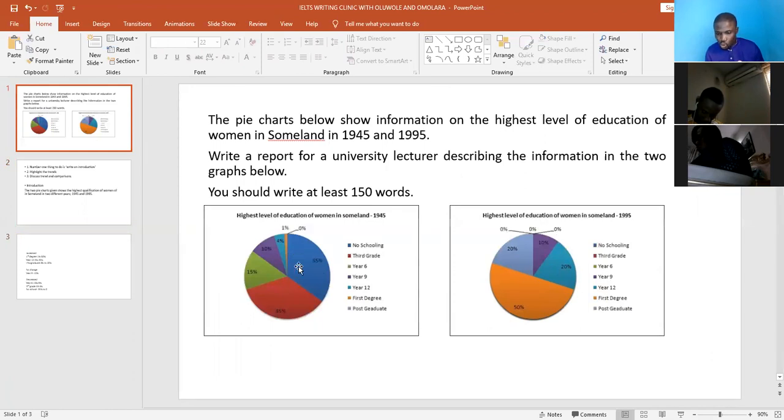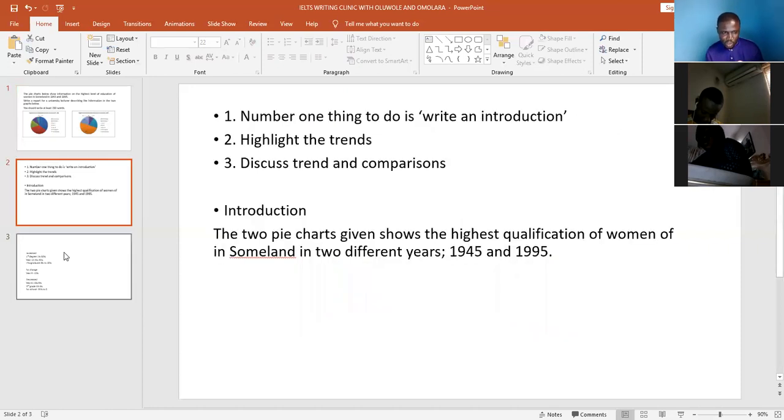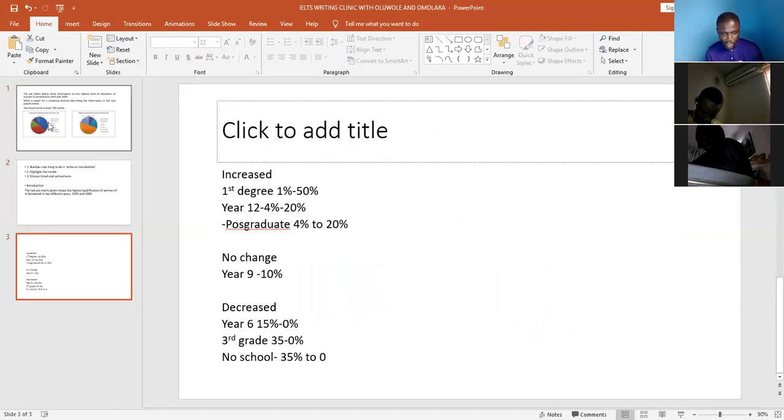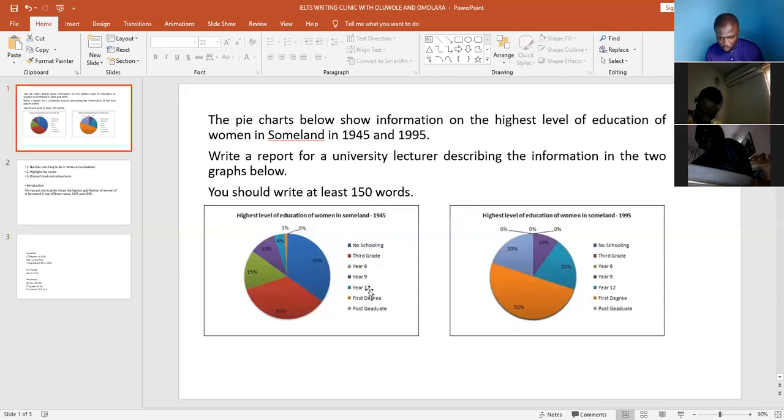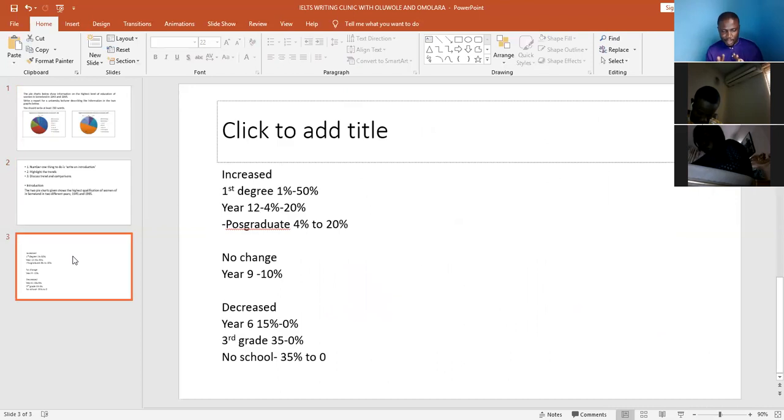The second blue was no schooling. I'm trying to see it so that I don't mix this thing together. Okay, where did I get to year 12 here? Oh, the color of blue and year 12 look so similar. I don't know the difference. So I will have to remove one, but nevertheless, in the exam, it won't be like that.